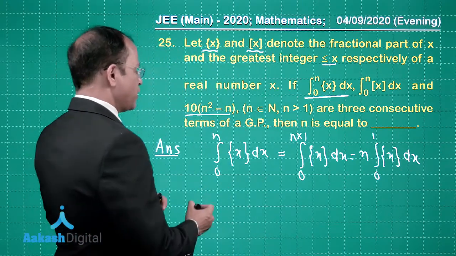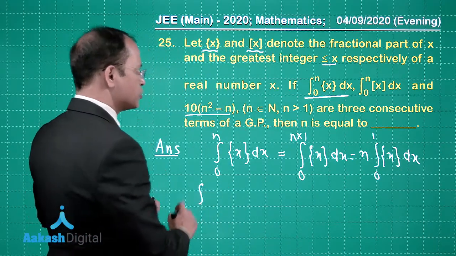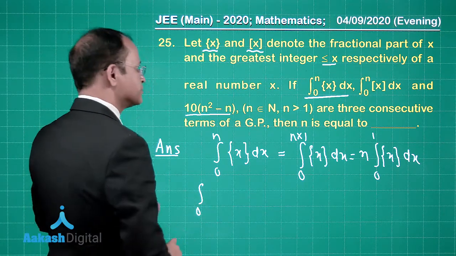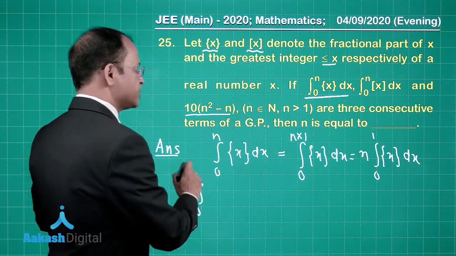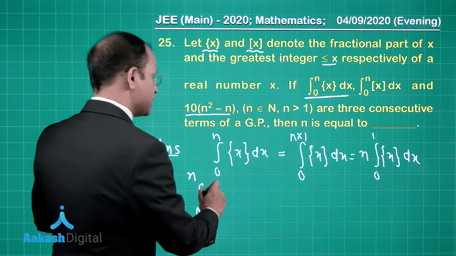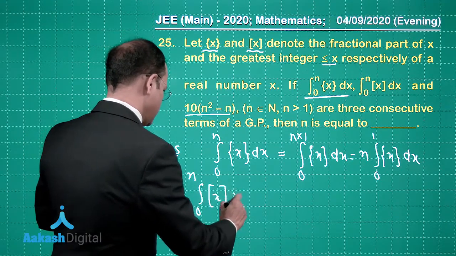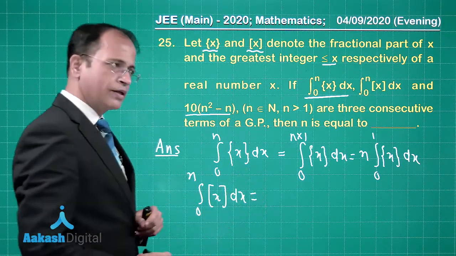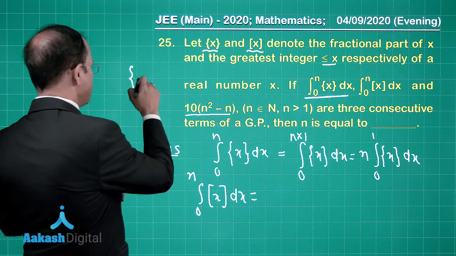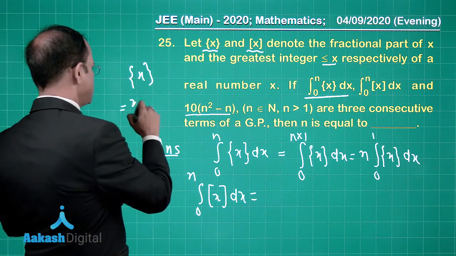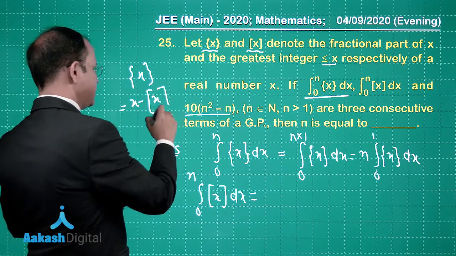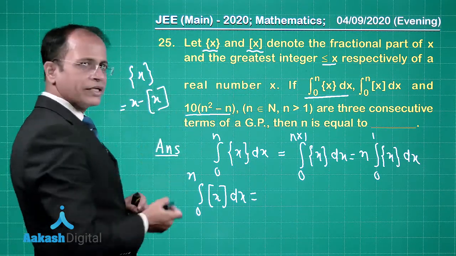Now what about the next one? This is coming out to be the integral from 0 to n of the greatest integer function. Again we can write it in this way, because we know that the fractional part is equal to x minus the greatest integer function of x, isn't it?